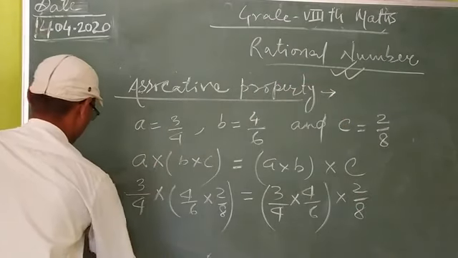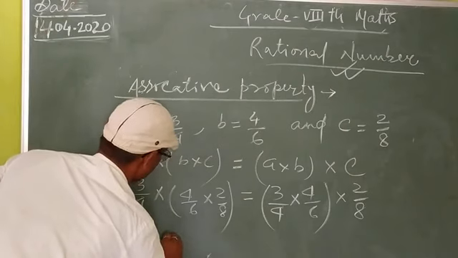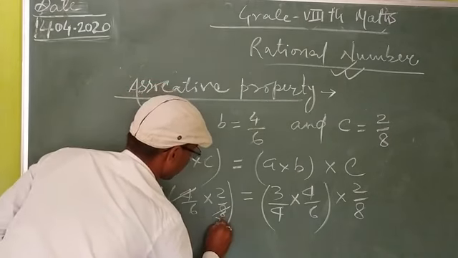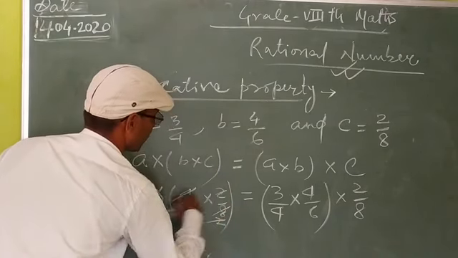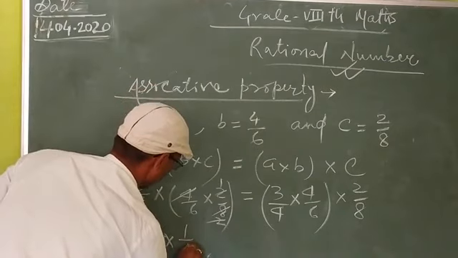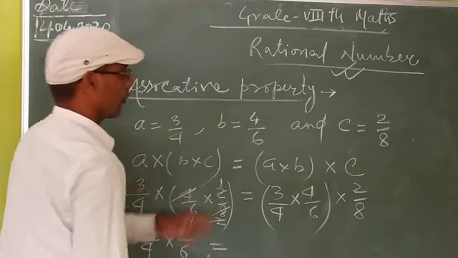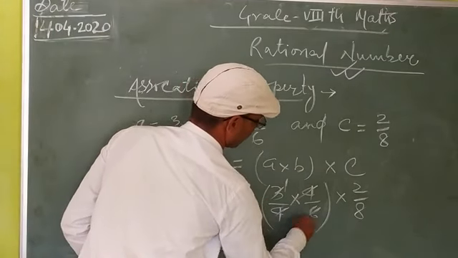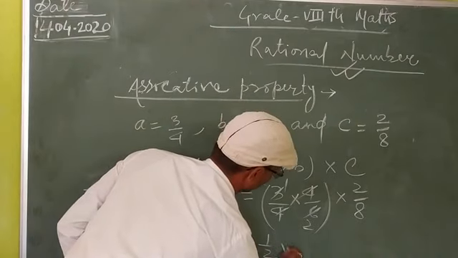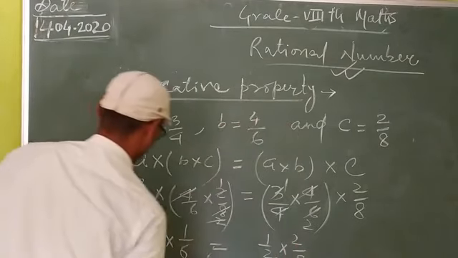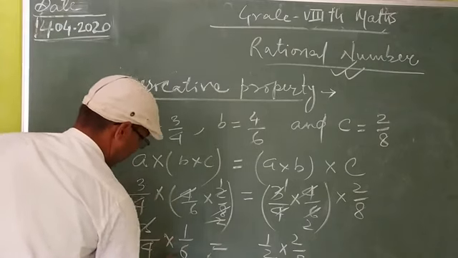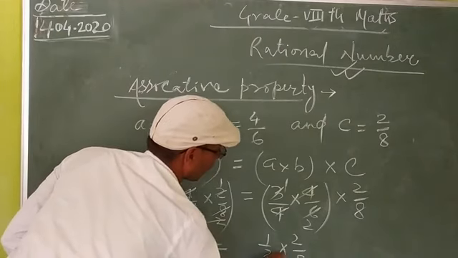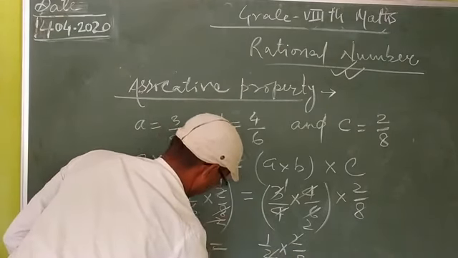Do the operation. You can cancel here, 2 cuts by 2 gives 1, 1 by 6. On this side also you can cancel, 3 ones are 3 and 3 twos are 6. 1 by 2 into 2 by 8, cancel, it means 1 by 4, 2 fours are 8, cancel the 2 here, equal to 1 by 8.